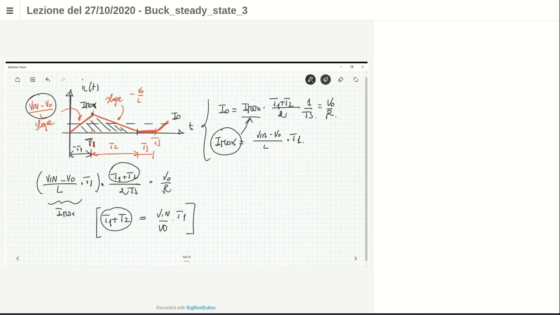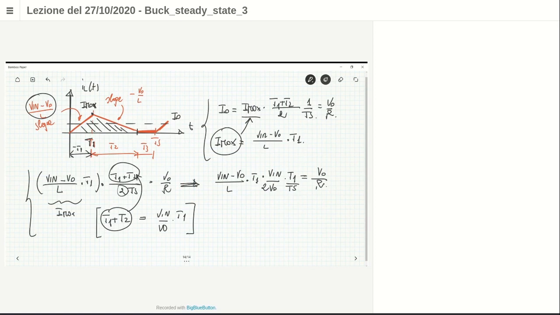So let me replace T1 plus T2 inside this expression. V minus V naught over L multiplied by T1. Then you can have V in over V naught multiplied by T1. Using this, you can get this one.